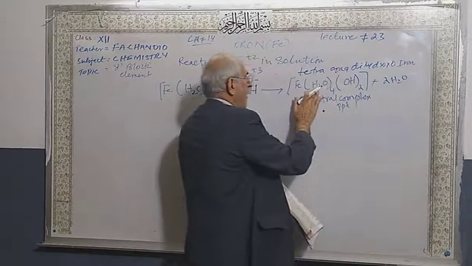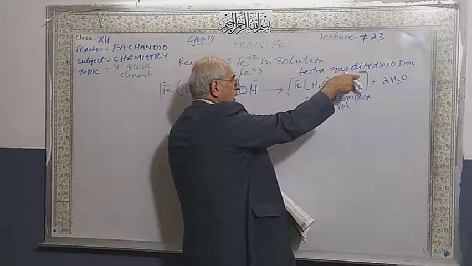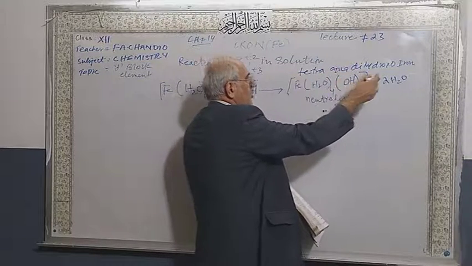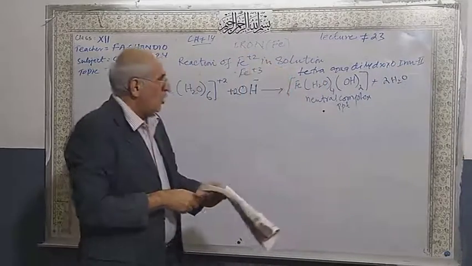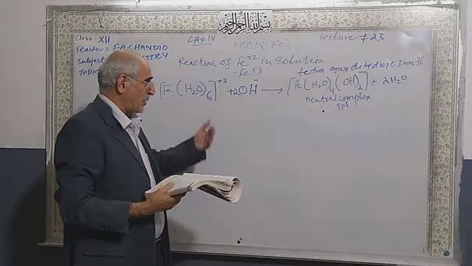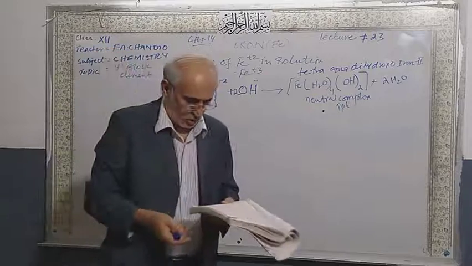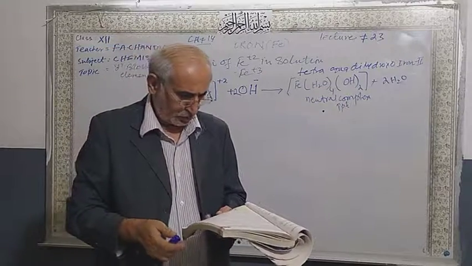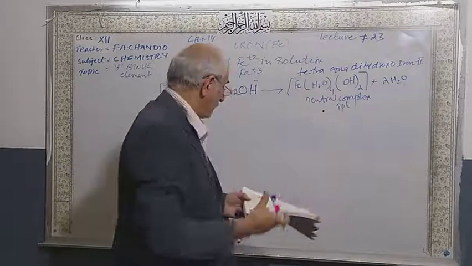Water is the neutral ligand. The hydroxyl group has a negative 1, multiplied by 2 gives negative 2, so iron is positive 2. This is a whole neutral complex, so the oxidation state of iron is 2. So the name of this neutral complex, which gives the precipitate, is tetraaquadihydroxoiron 2. And this precipitate is green.